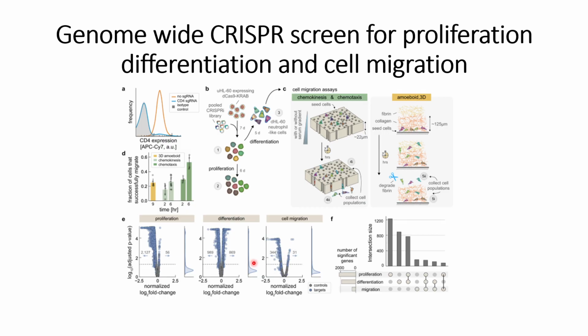From that they are able to find the genes that are differentiated. The map is also shown here, showing the control populations, and above this dashed line are the targets that are either upregulated or downregulated.